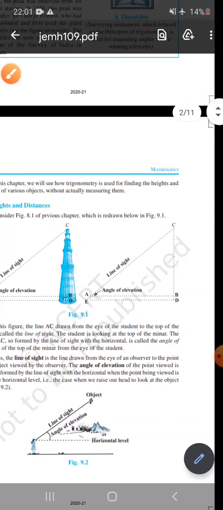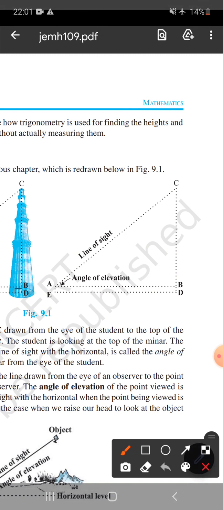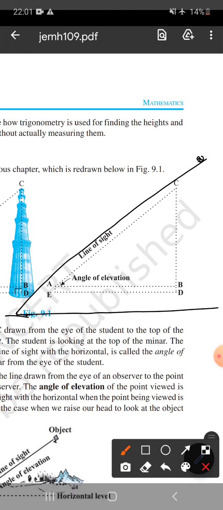Right, if we draw this on day to day life also, we see that whenever, suppose we are standing here at this position on the ground, and some plane is coming or some bird is flying, we see it with our eyes, and the angle formed with the ground is called the angle of elevation.